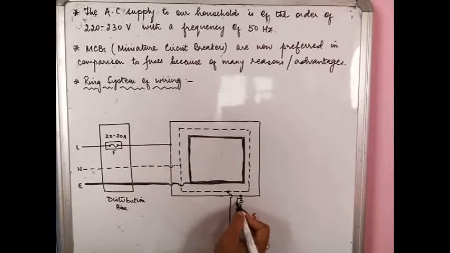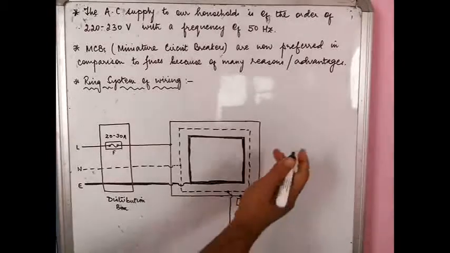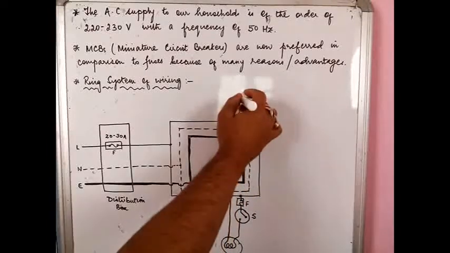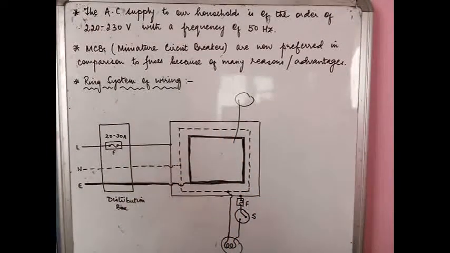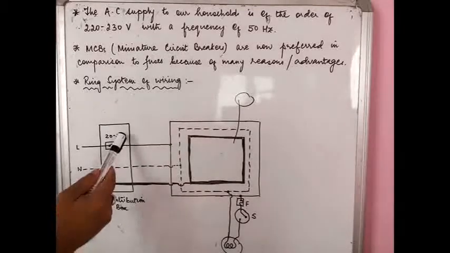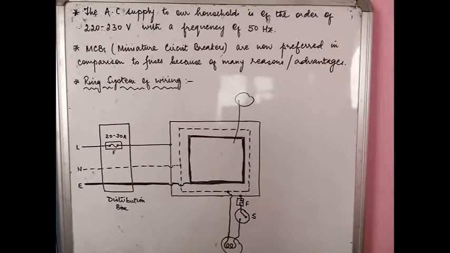So here is a fuse, and this fuse is for this particular appliance. Similarly, if you want to connect another appliance at this end, you will have another fuse over here, and so on. So in the ring system of wiring, there will be a main fuse right at the distribution box, and then individual fuses for all different appliances. These are some of the advantages of the ring system of wiring.